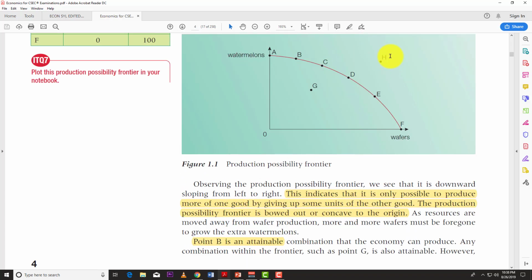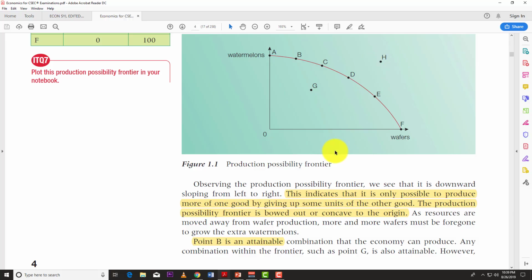This right here, out here, H, shows that resources are limited. You can only produce here. That's where scarcity comes into play, because out here you cannot produce. Resources are limited, so you cannot produce out there.